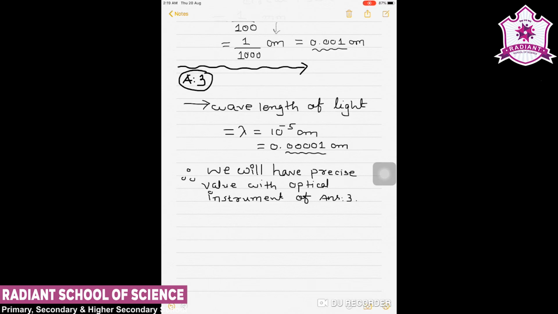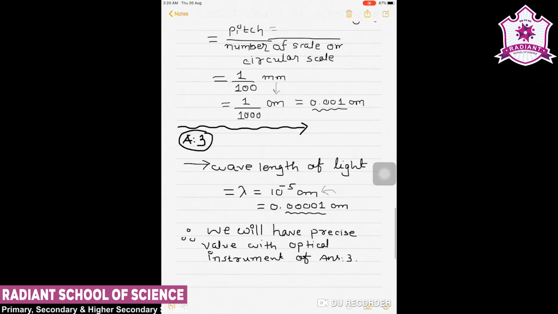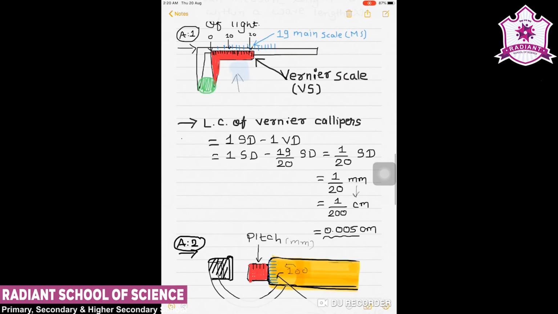We can say it is about 10 raised to minus 5 centimeter. If it is 10 raised to minus 5 centimeter, then the answer, 10 raised to minus 5, means 0.00001 centimeter.